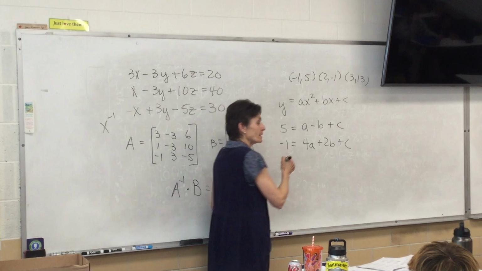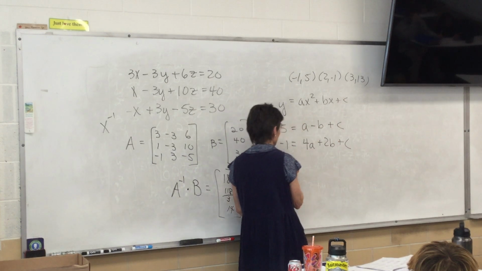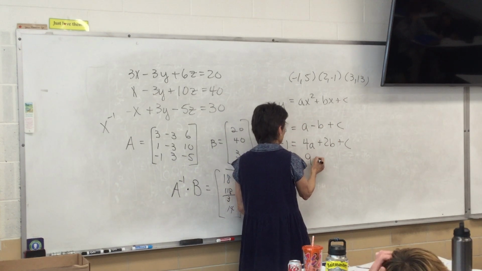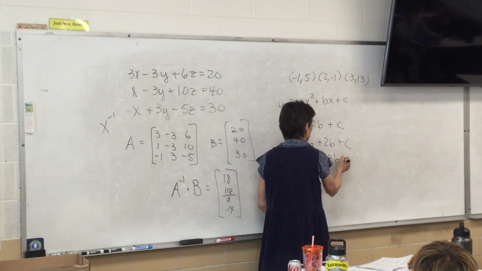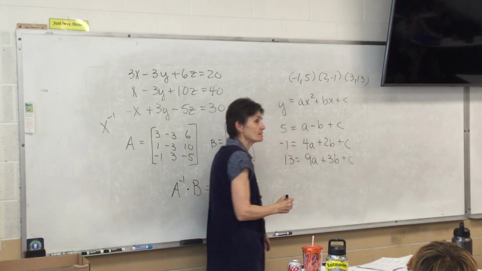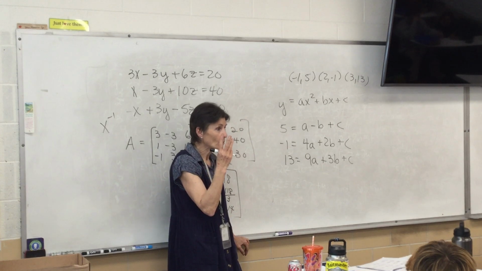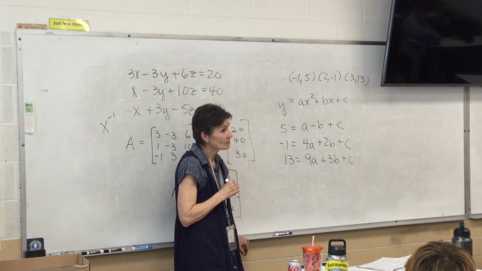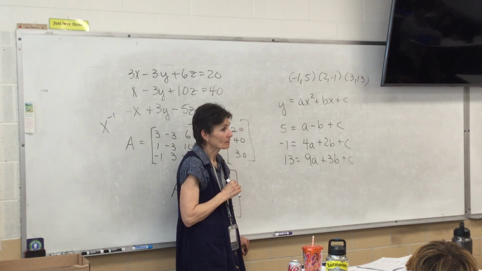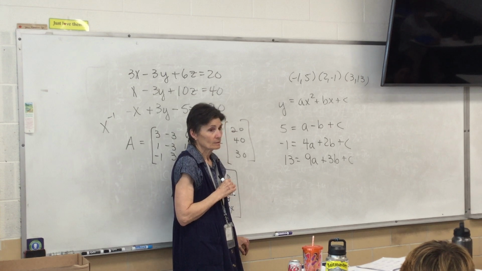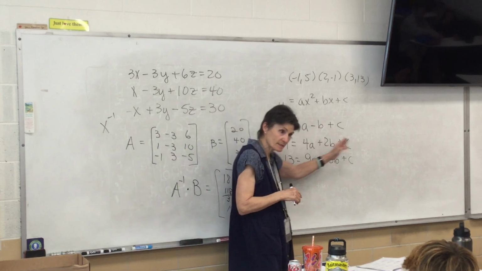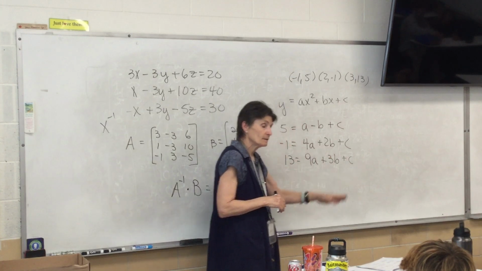What am I generating? I'm going to plug in my third one now. What have I got? A system of 3 equations, 3 unknowns. Isn't this the same as x, y, z equals, right?